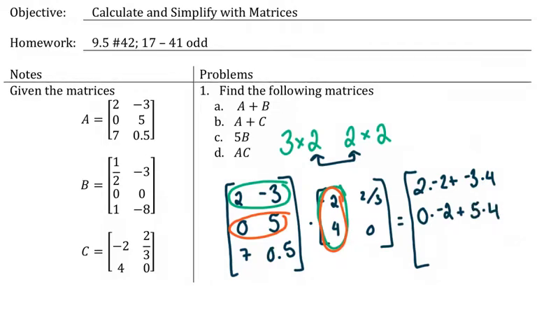And then our last entry is going to be here in this column, 7 times negative 2 plus 0.5 times 4. And that's going to be the first row of our new matrix.